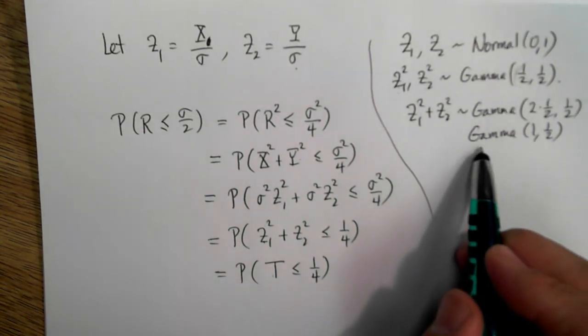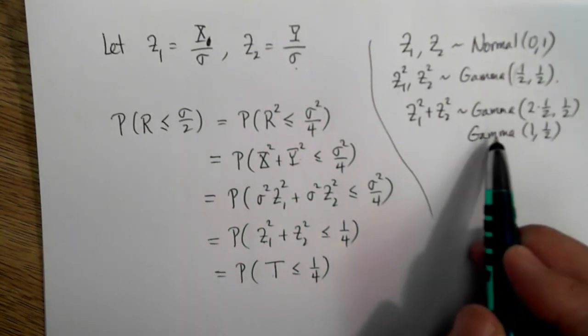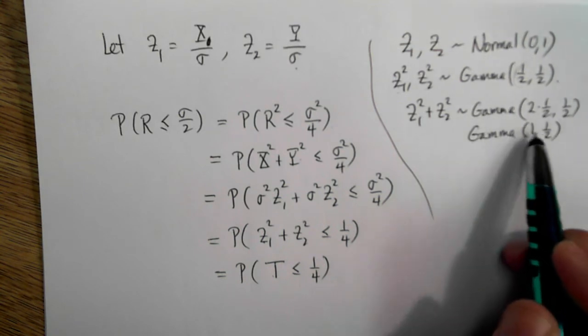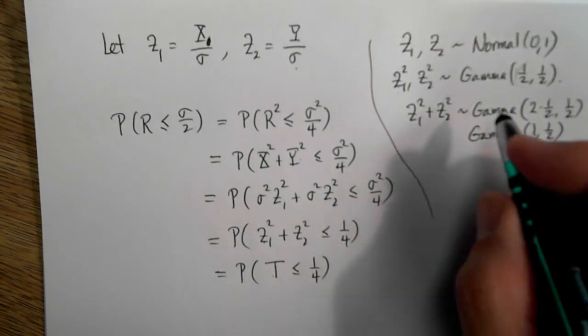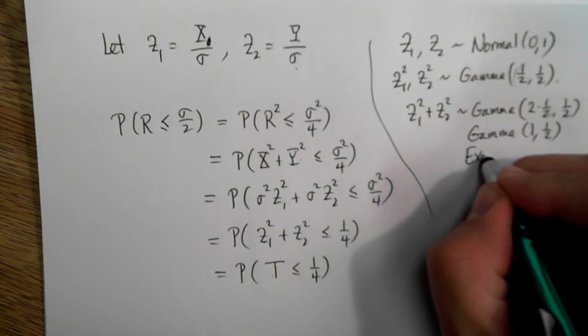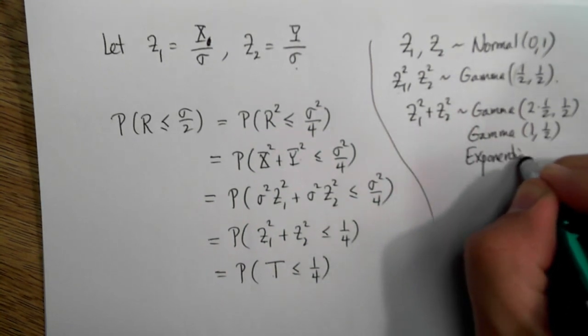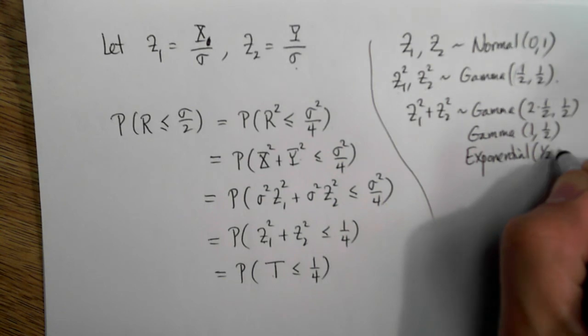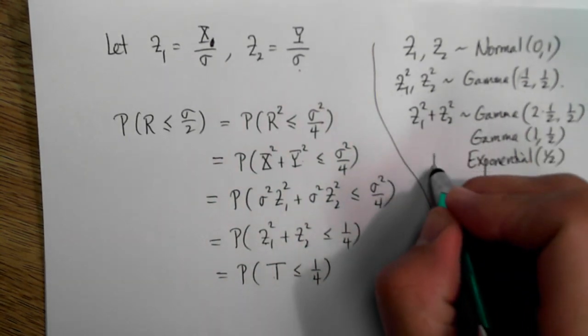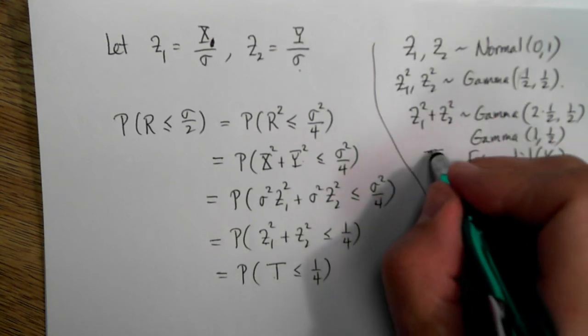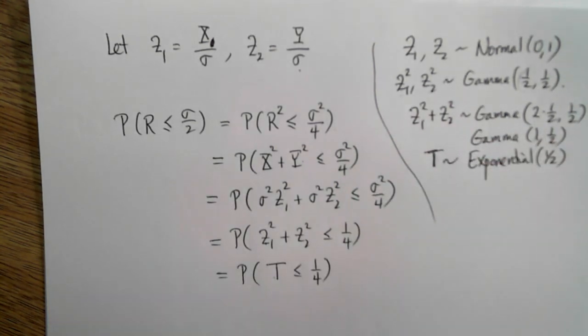Now this gets simplified even further, because the gamma distribution, when I have an integer, is waiting for the first arrival when lambda is equal to 1/2. Waiting for the first arrival is the same thing as the exponential distribution with parameter 1/2. So z1 squared plus z2 squared, my parameter t here, has an exponential distribution with parameter 1/2.